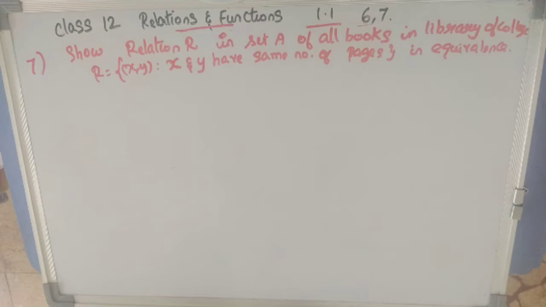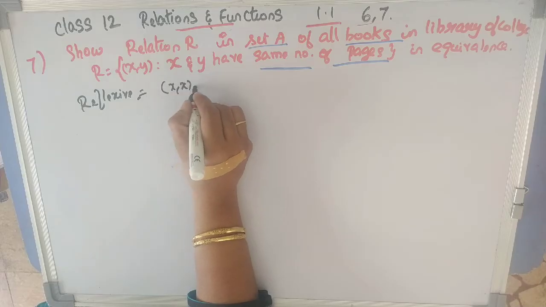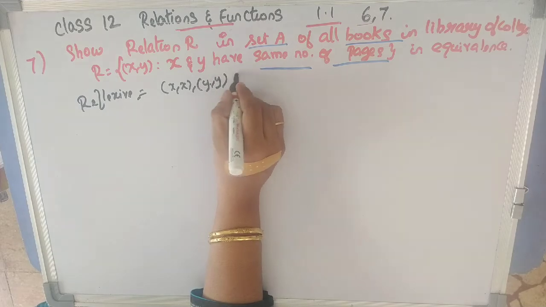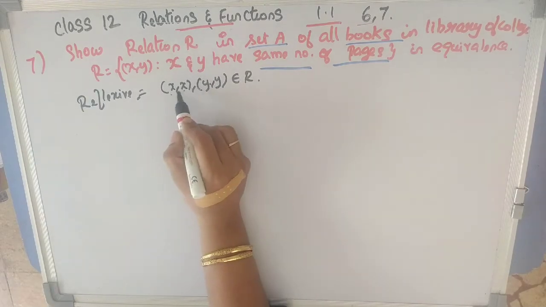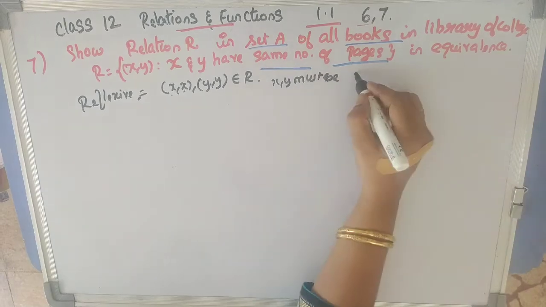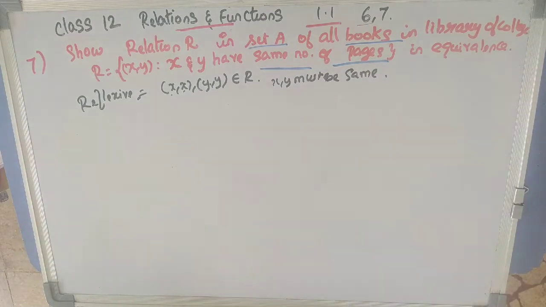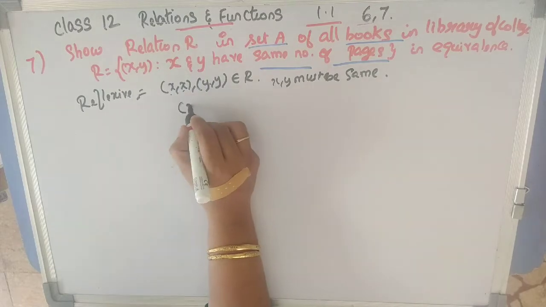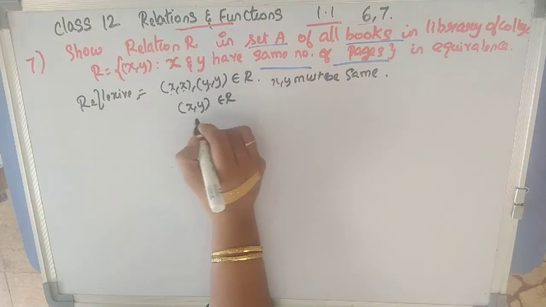The seventh question: we have to show the relation R in the set of all books in a library of a college, given by R = {(X, Y): X and Y have the same number of pages}, and check whether the relation R is reflexive, symmetric and transitive. Now let's check whether it is reflexive or not. What is reflexive? The ordered pairs must have the same elements inside them, that is (X, X), (Y, Y) must be elements of R. Is it possible in this relation?